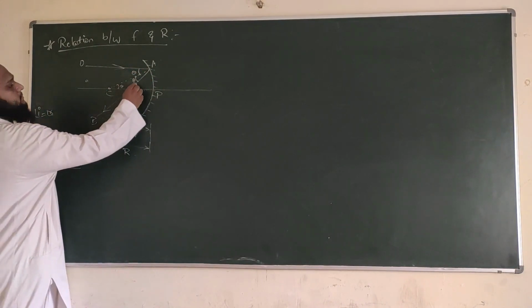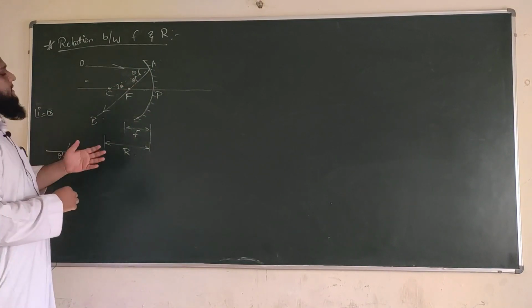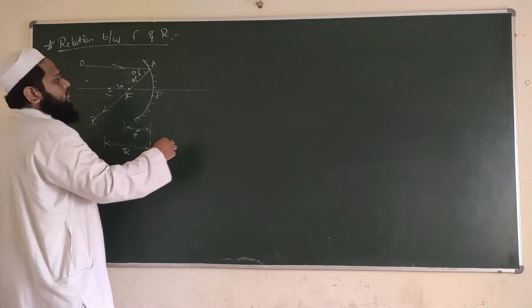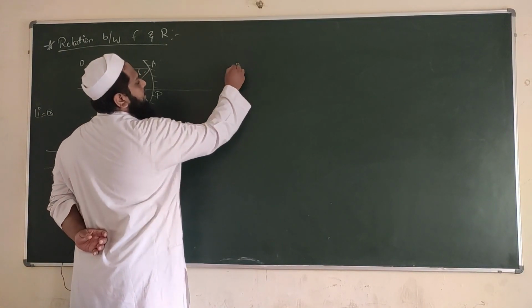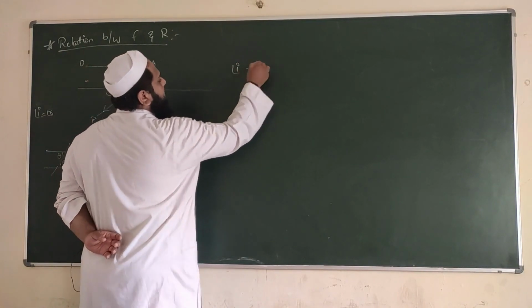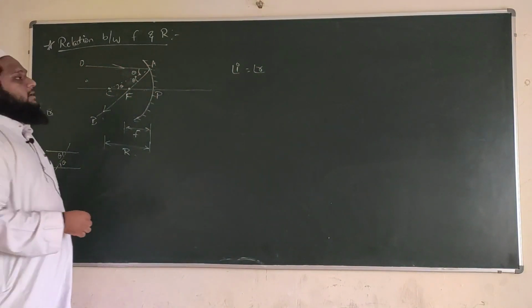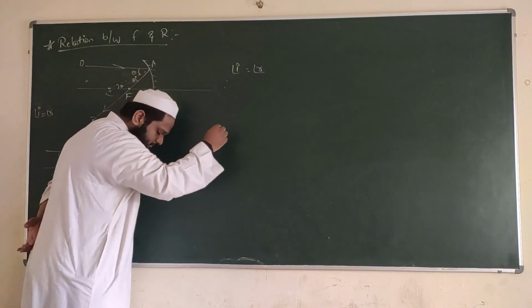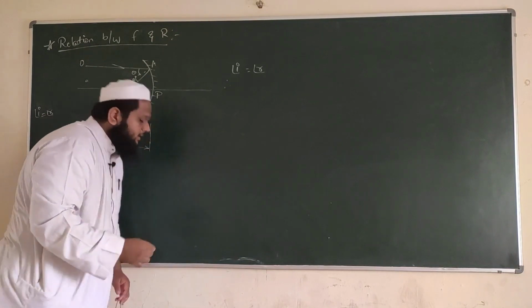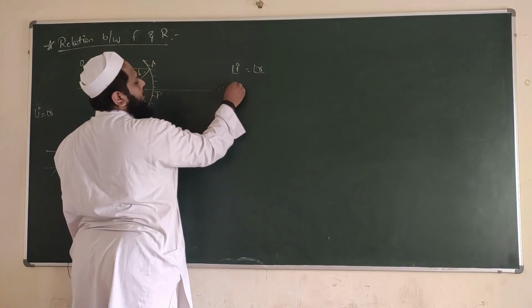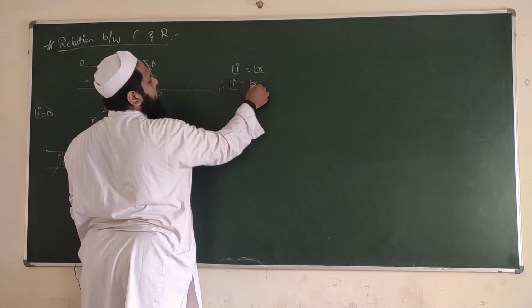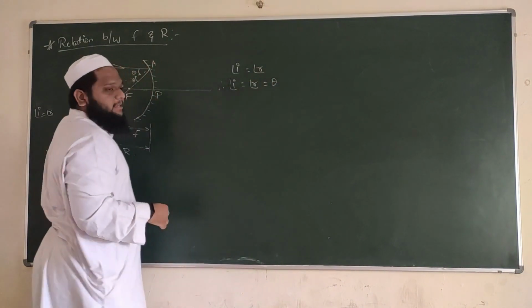Now what about this one? This much is complete. The first step we told is angle of incidence is equal to angle of reflection. Therefore I wrote angle of incidence is equal to angle of reflection. Let it be called theta.